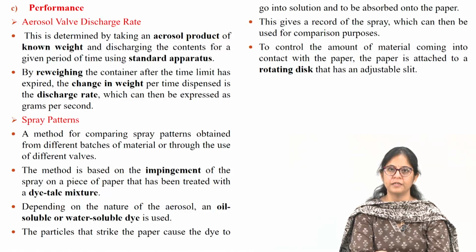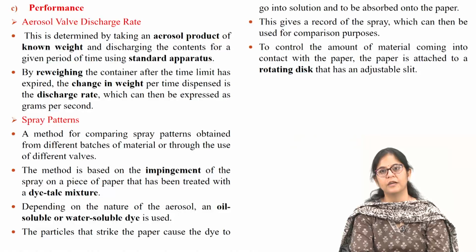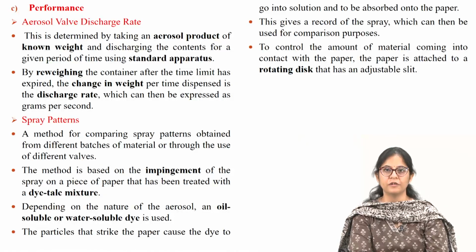The spray patterns are also measured, and a method for comparing spray patterns obtained from different batches of material or through the use of different valves is taken into consideration. The method is based on impingement of the spray on a piece of paper that has been treated with a dye talc mixture.